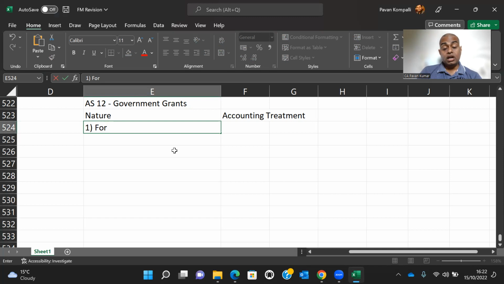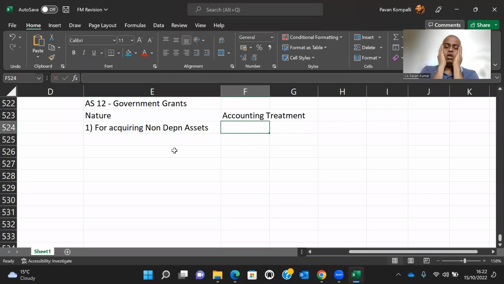Can I say government grant for acquiring non-depreciable assets? Oh my God. Can there be a government grant for acquiring non-depreciable assets? Land. Don't you think the government will give land at a subsidized rate or free of cost?